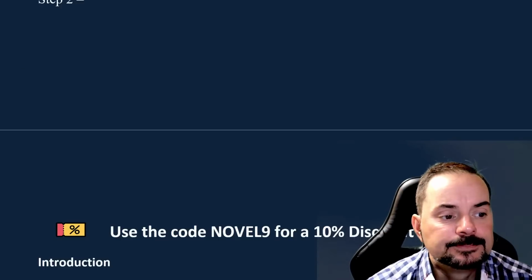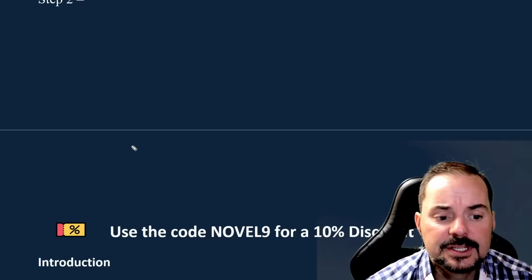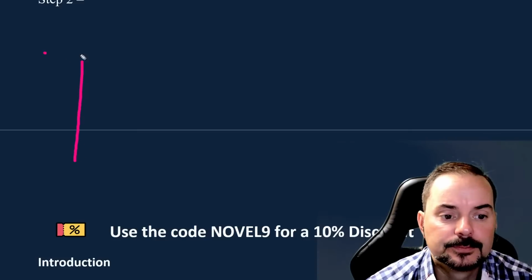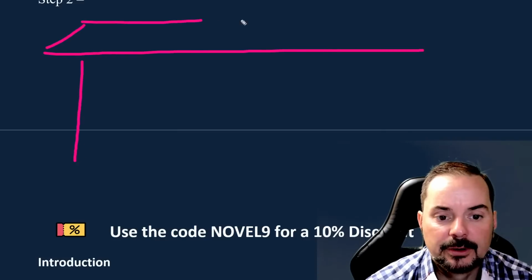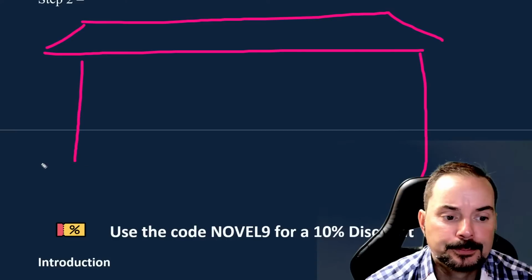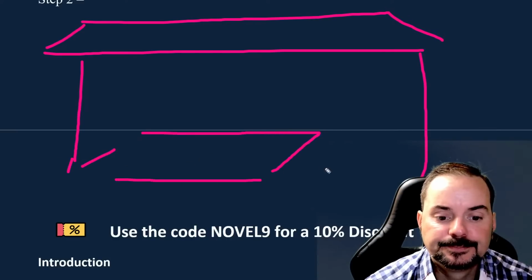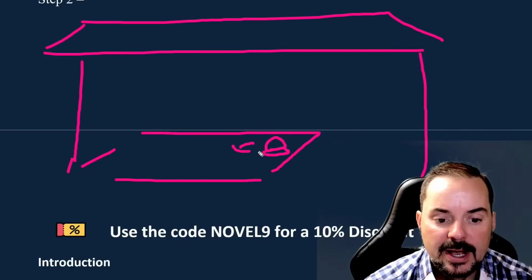So here we have Amra's house, or Habibe's house with their robot vacuum cleaner. Okay, here's a big carpet. Okay, here's the Roomba, and it's swishing around.